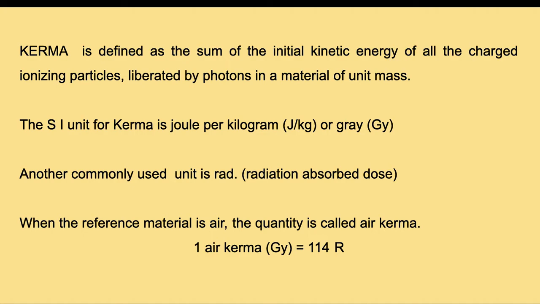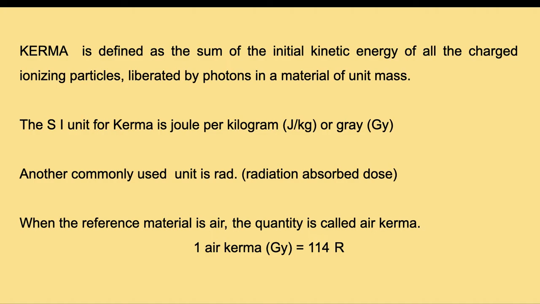The SI unit of Kerma is joule per kilogram. That means energy per unit mass. And this quantity, joule per kilogram, you are sometimes calling as Gray, Gy, simply. And another commonly used unit is RAD. It is radiation absorbed dose. That is RAD. And when the reference material is air, the quantity is called air Kerma.